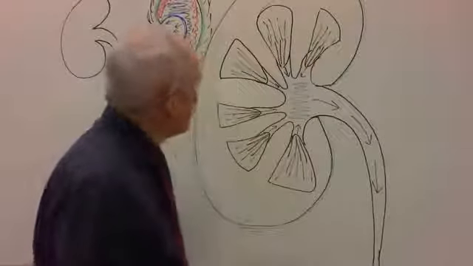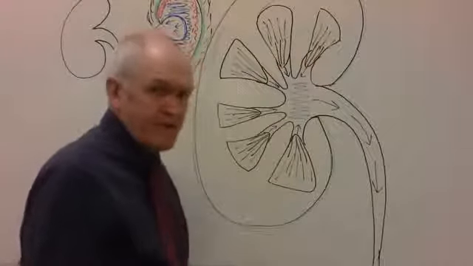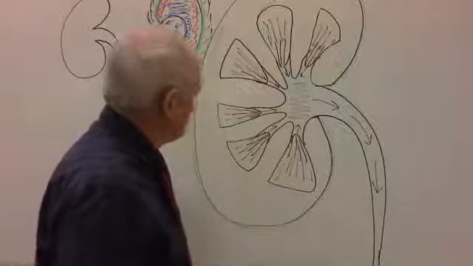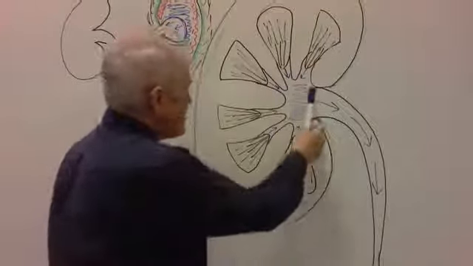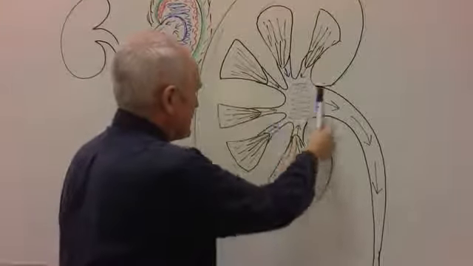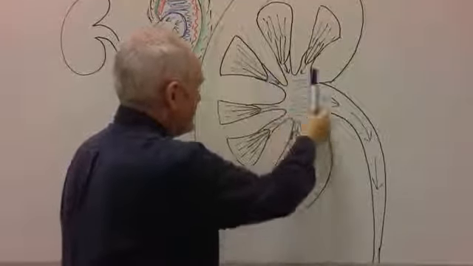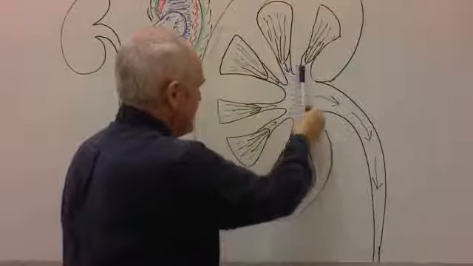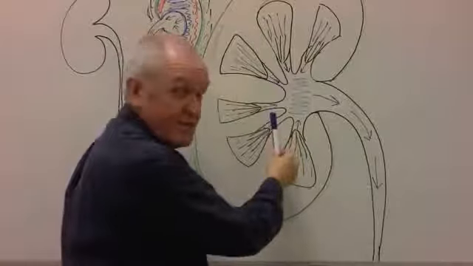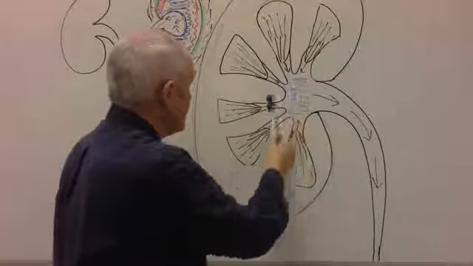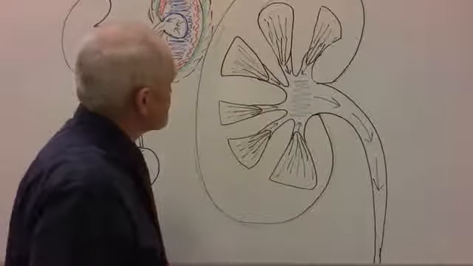That would be a pathological infection. And when that happens, that's called pyelitis. So pyelitis is inflammation usually caused by bacterial infection of the pelvis and the calyces.